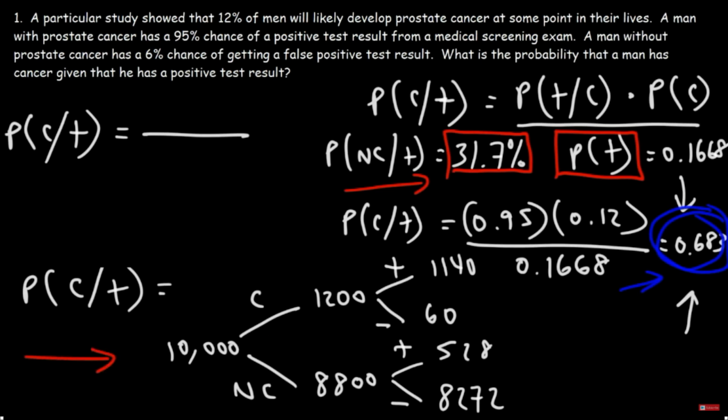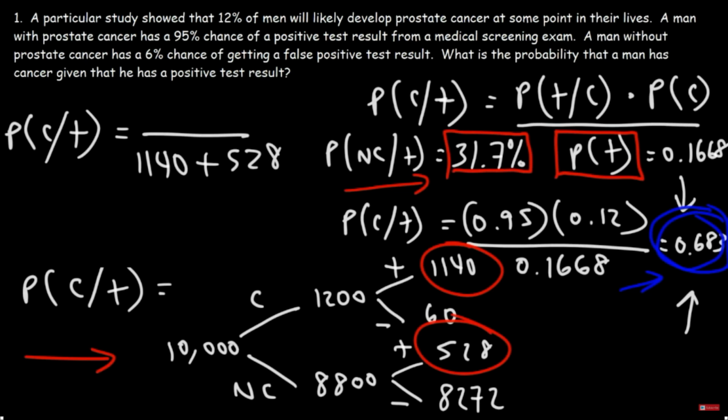Based on the number of people that we chose, it doesn't matter if you chose 10,000 or 100,000. Because we're dealing with a ratio, it's still going to be the same. Out of this group of 10,000 people, how many have a positive test result? The amount of people that have a positive test result is the sum of those two numbers. It's 1140 plus 528.